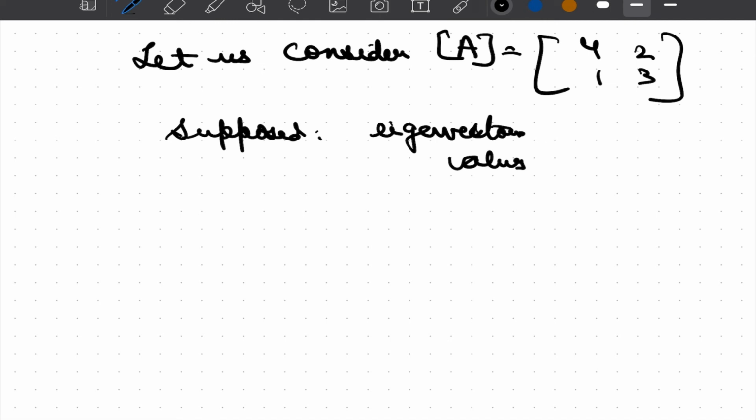Also, we will obtain the eigenspaces. Eigenspaces are the subspaces that are spanned by the eigenvectors associated with each lambda or each eigenvalue.